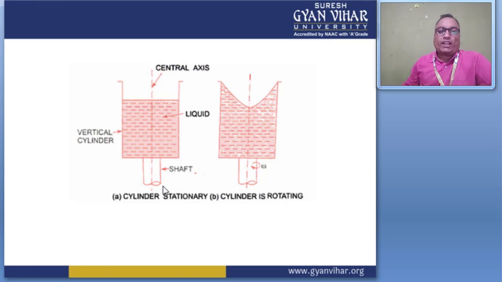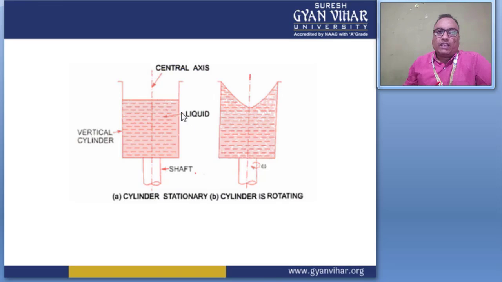And if this cylinder is rotating, then it creates an angular velocity omega, and the radial velocity here is v equal to r omega, right? And it creates an elliptical shaped curved surface.